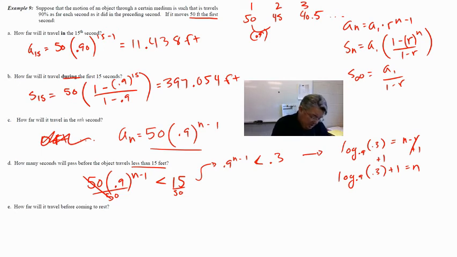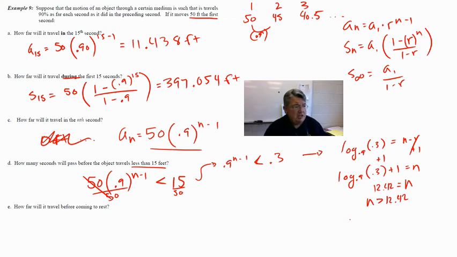So if I type that in my calculator, and yeah, I can do that log base 0.9. If you couldn't, you'd just do the change of base formula. Plus 1. And I get 12.42. N equals 12.42, which tells me that n is greater than 12.42.